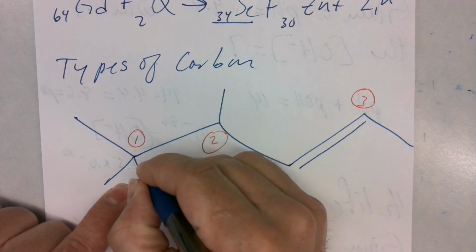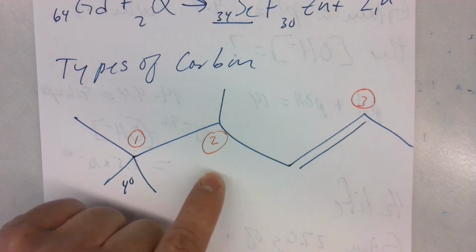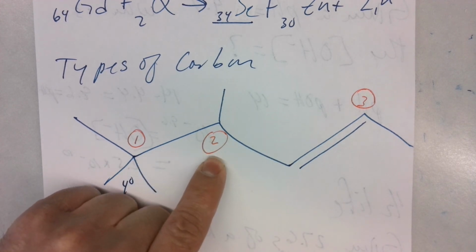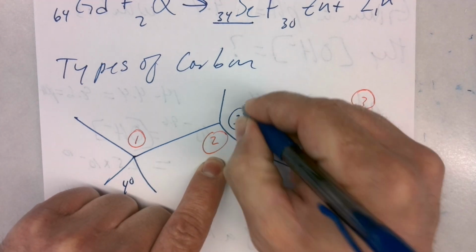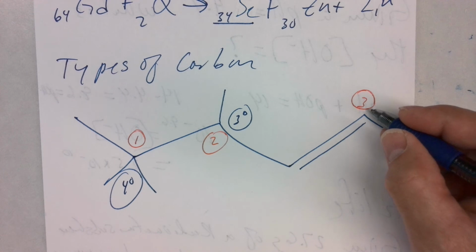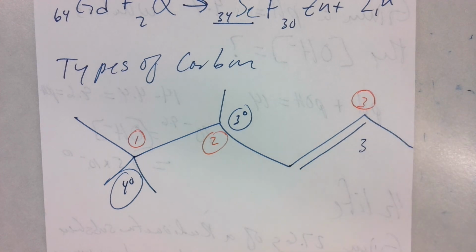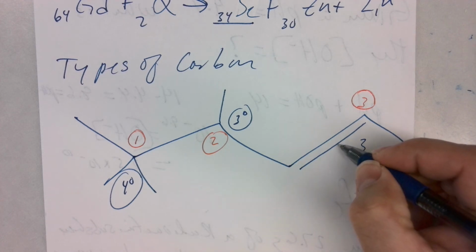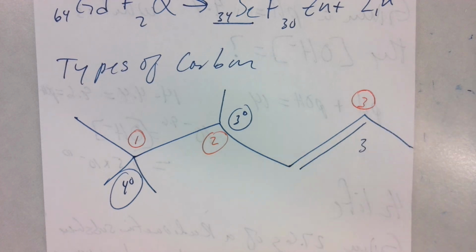Quaternary, right? It's a 4 degree. Correct. What about carbon 2? Tertiary, it's a 3 degree. What about carbon 3? Also secondary? No, there's only 1, 2, 3 bonds, right? Is it the amount of bonds or the amount of C it's connected to?